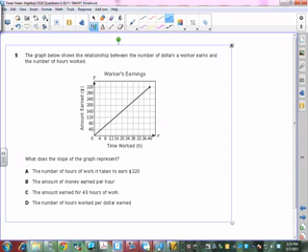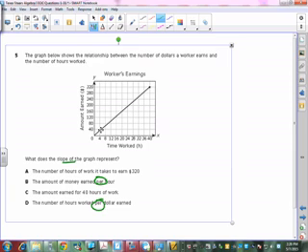Take a second and read this problem. And they want slope. A good clue, anytime slope, look for the word per, because we know slope is a rate of change.